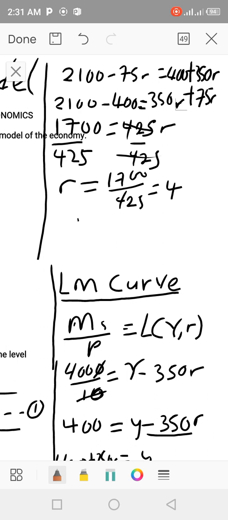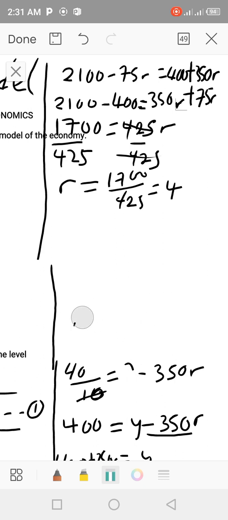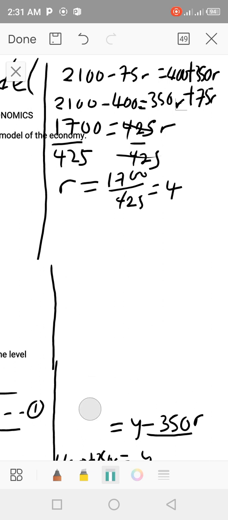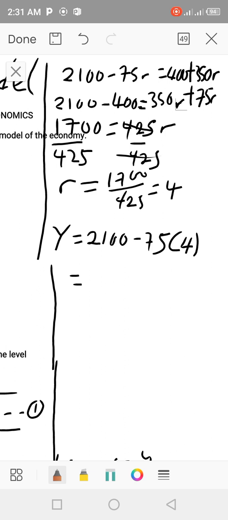That is the equilibrium interest rate. Having found it, we need to find the equilibrium national income, which can either be equal to 2,100 minus 75R, and now the R is 4, or 400 in equation 2 plus 350R, and R is 4 again.